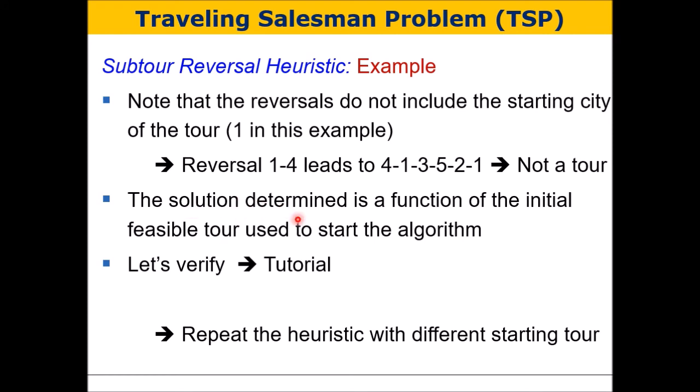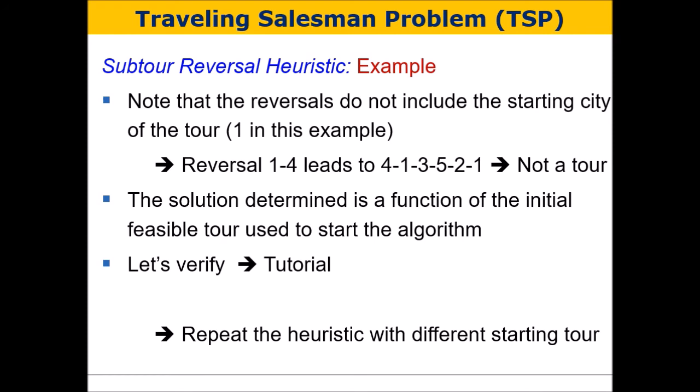The final solution that you obtain is a function of the initial feasible tour that you start the algorithm. And for this, you can try it by yourself. You can repeat the same algorithm, but start with a different initial solution. Do it by yourself. It's a good exercise. Instead of starting with the given solution, you just select another random solution, and apply the subtour reversal heuristic by hand.